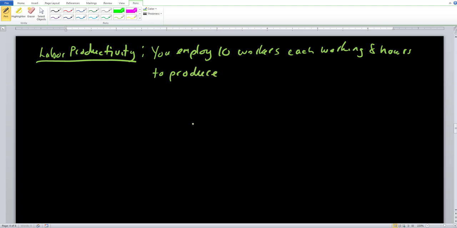Think about whatever you want to produce. Let's say you want to produce tacos. Tacos are always good. So you employ 10 workers, each working 8 hours to produce tacos. And how many tacos do you produce? Let's say that you produce 100 tacos. And the question that we want to ask is, what is the productivity of your workers?